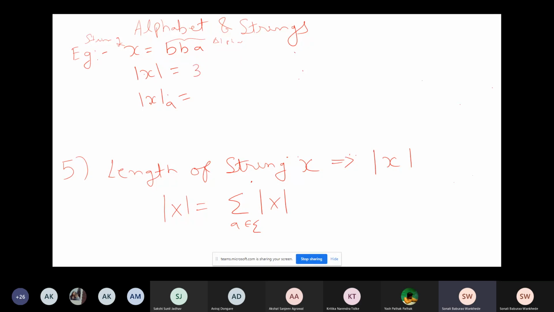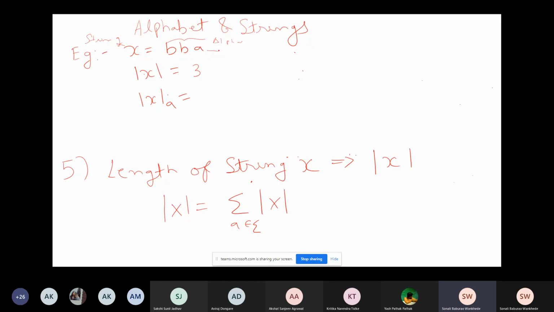And what do you mean by mod of x to the base a? It says let x be a string over an alphabet sigma, for a belongs to sigma, the number of occurrences of a in x shall be denoted by mod of x to the base a. So here, how many times is a occurring in the particular string?